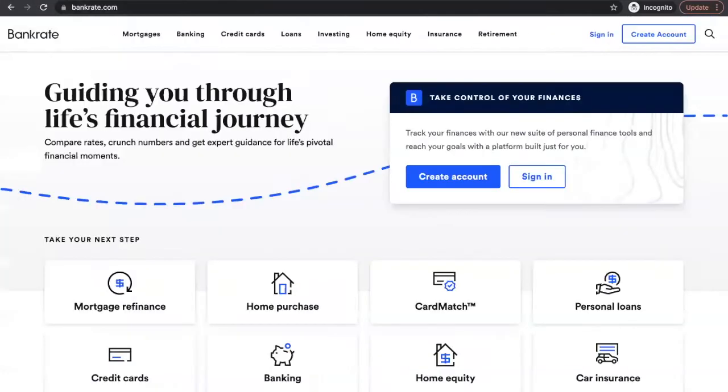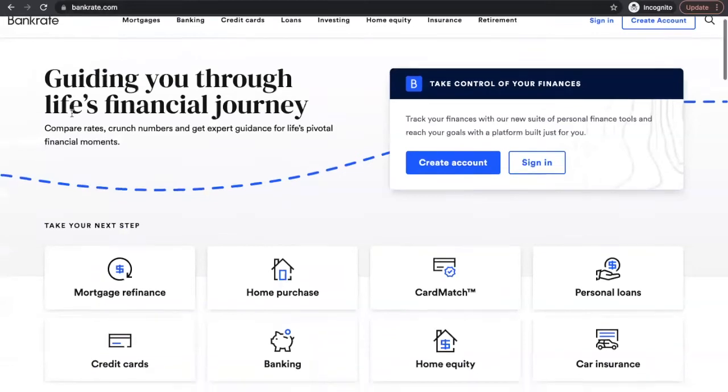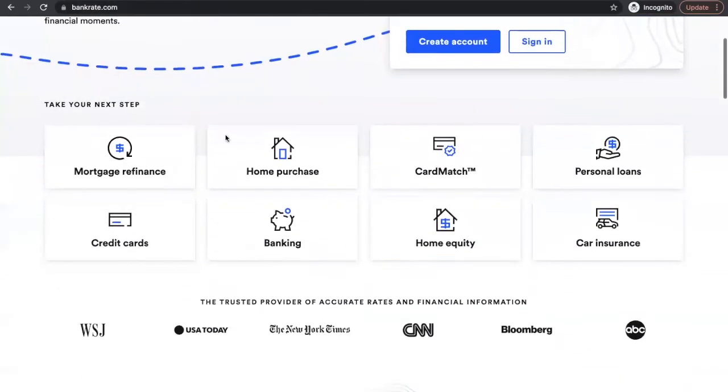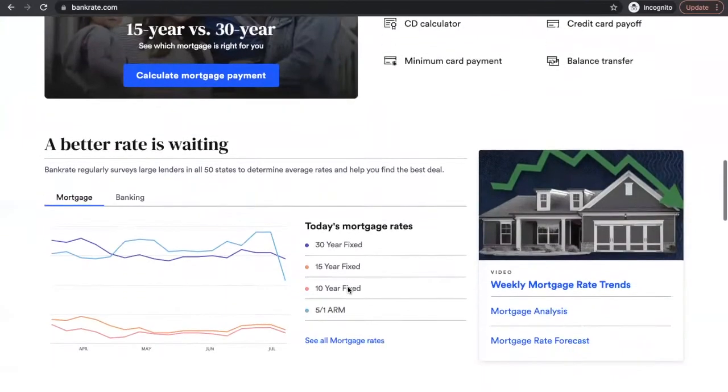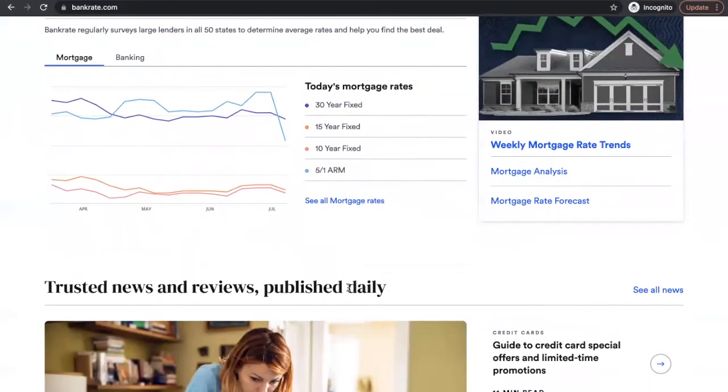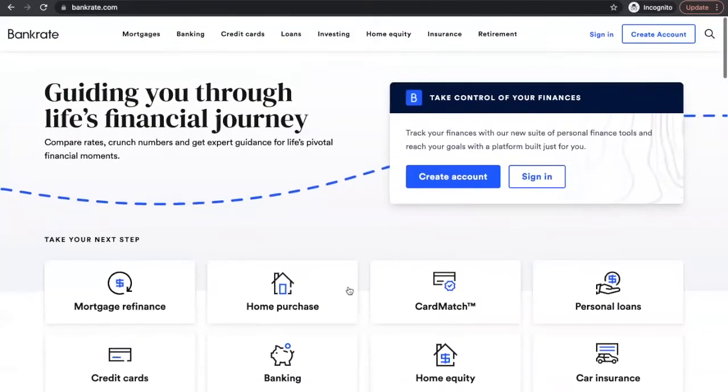So as we dive into the Bankrate homepage, you can see they have a variety of different financial products that they offer. They're trying to educate, to build trust with the traffic, to say, hey, we're the experts, come check out what we have to offer.